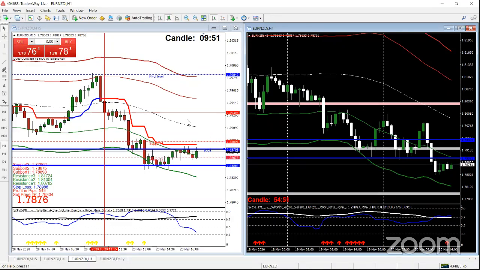Yes. So we got two things we're watching. We're seeing that level, this 78.56, is holding for right now, and we're gonna see what happens if it gets up to support 1.